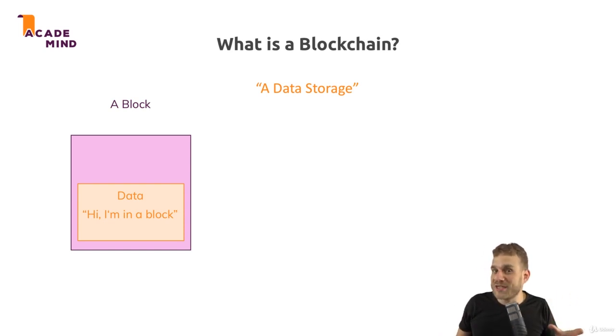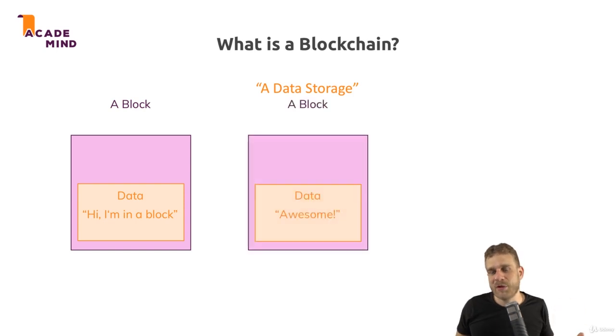We, of course, don't just have one block, we have multiple blocks in a blockchain. And the interesting part is that they know about each other. To ensure that you can't manipulate data in blocks, because it's distributed across multiple machines, you want to make sure that the machines can check each other. Each block receives a hash or is hashed.